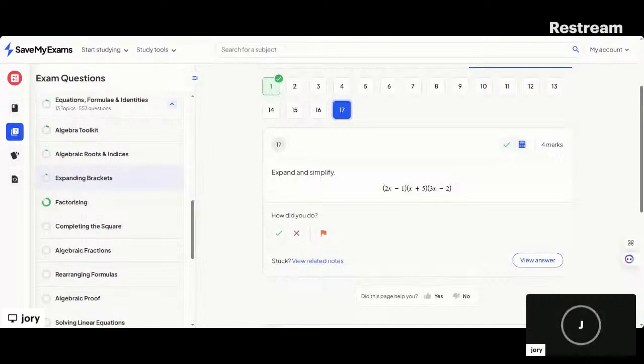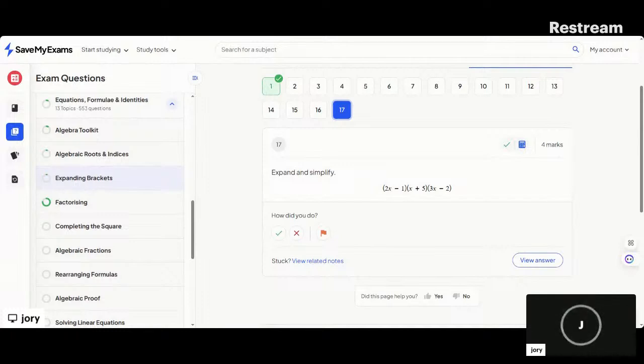It's going to be 6x cubed minus 4x squared plus, what's 9 times 3? 27x squared, minus 18x minus 15x plus 10.